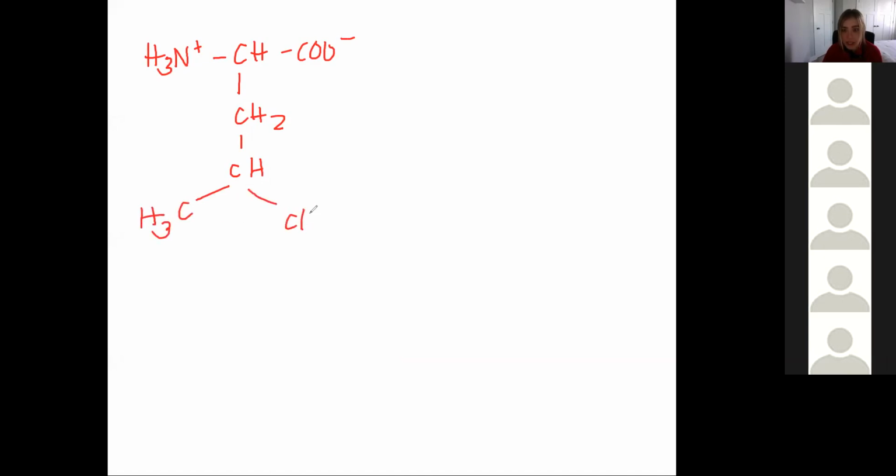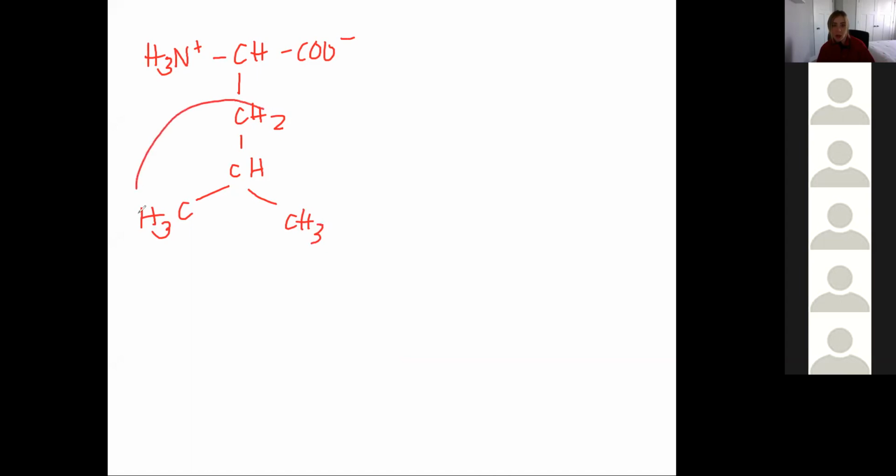Leucine. Let's draw leucine. Here we go. H3N plus, CH, COO minus. There's our N terminus, C terminus. Here's my side chain. Leucine looks like this: CH2, CH, and then it's usually drawn like this, an H3C, a CH3, and over here a CH3.